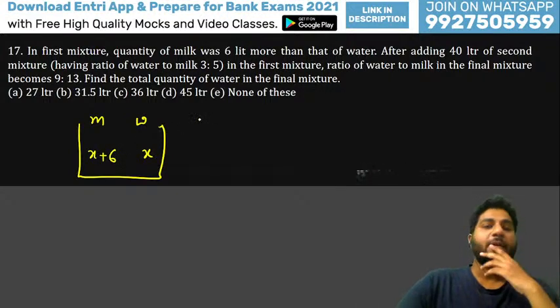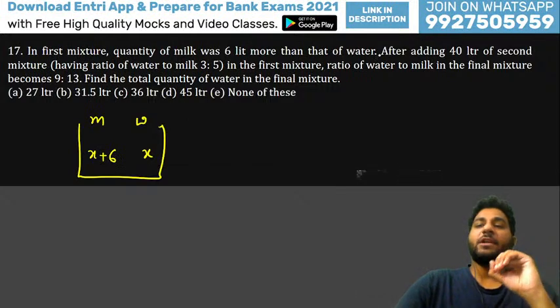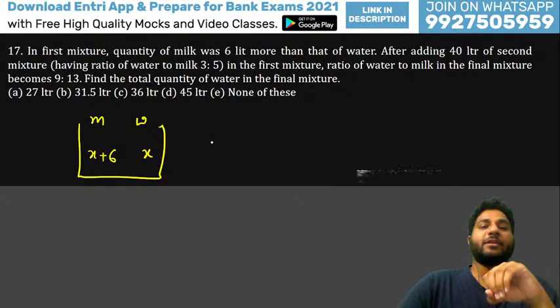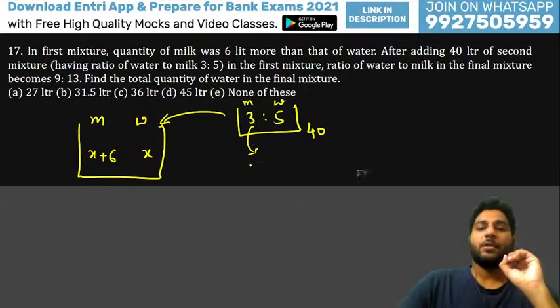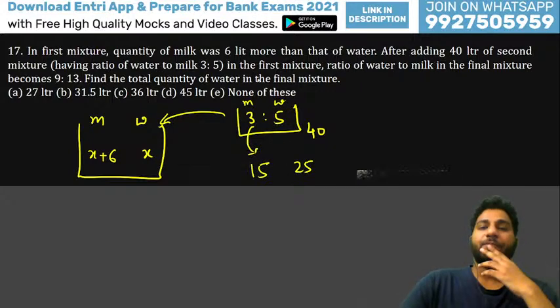Now, 40 liters of the second mixture is added, in the ratio 3:5. That means the milk will be 15 liters, and water will be 25 liters.